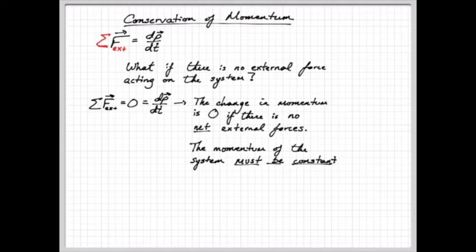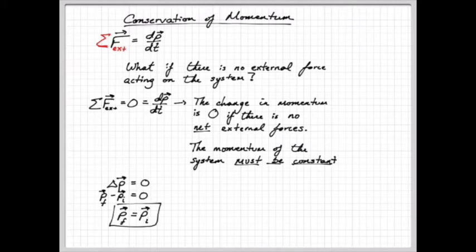So if the change in momentum is 0, then the final momentum must be equal to the initial momentum. In other words, whatever momentum we started with, we must end with.